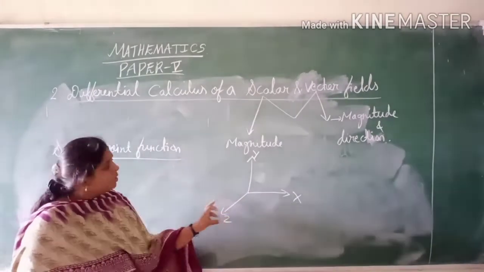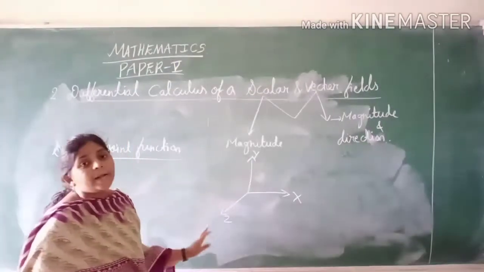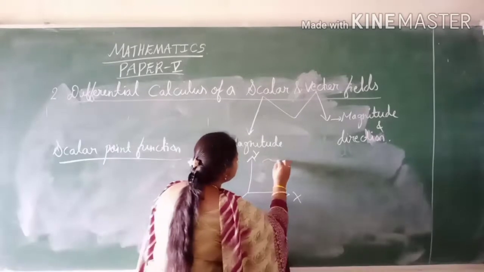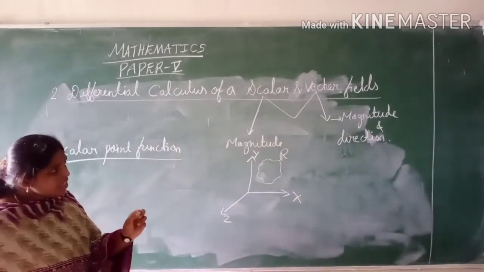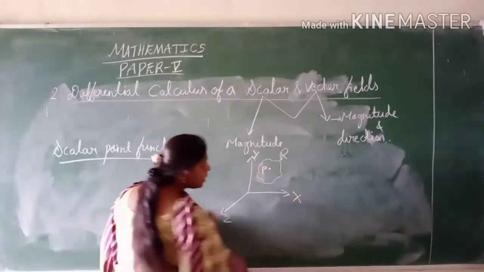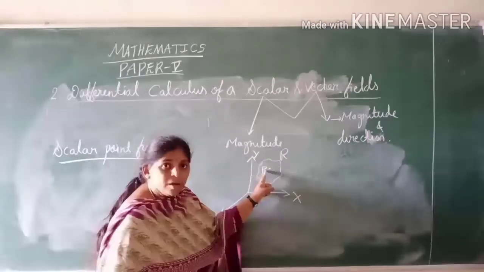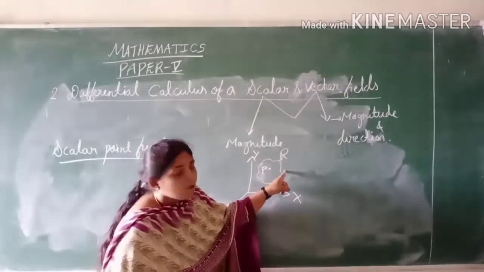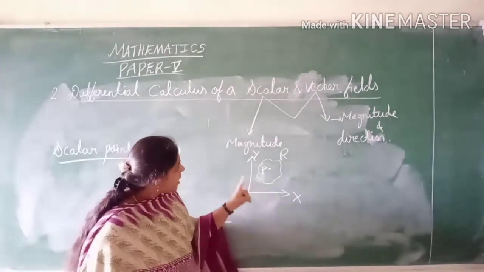We denote the three-dimensional space by the coordinate axes x, y and z. Now consider some region, capital R. In the region R, we are considering some point P, which lies in the region R, in this three-dimensional x, y, z space.